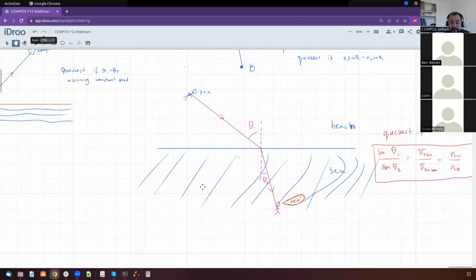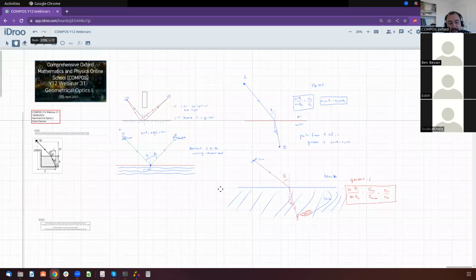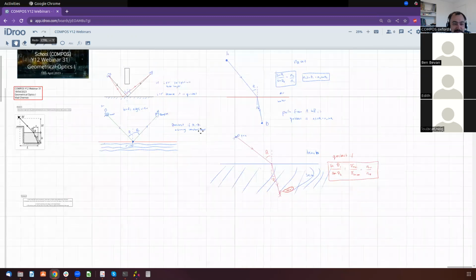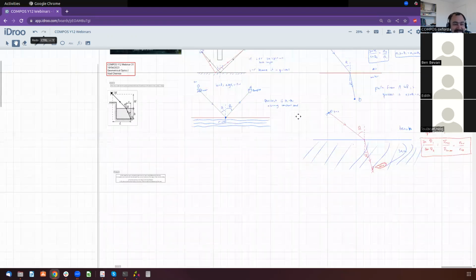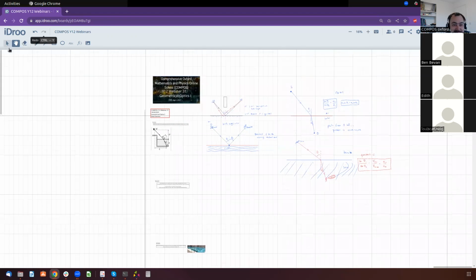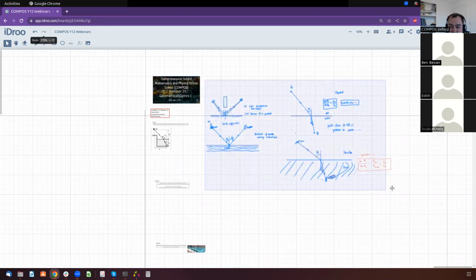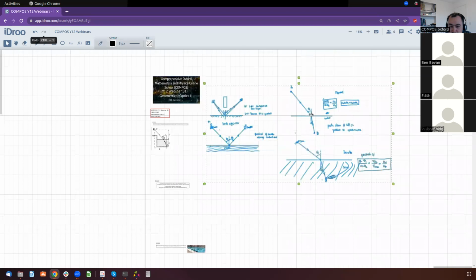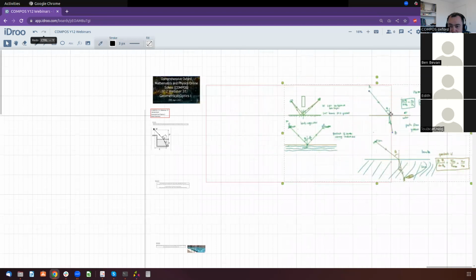It could be intuitive, but light does this naturally, as if there's some sort of intelligence, or of course there's not. It also comes down to the minimization of energy. I want to say minimization of energy. Yeah. Right.